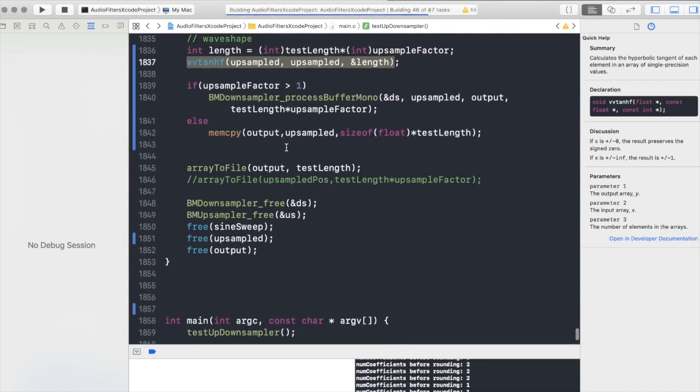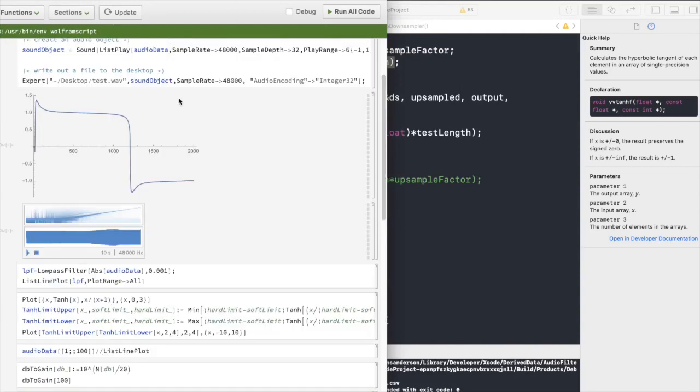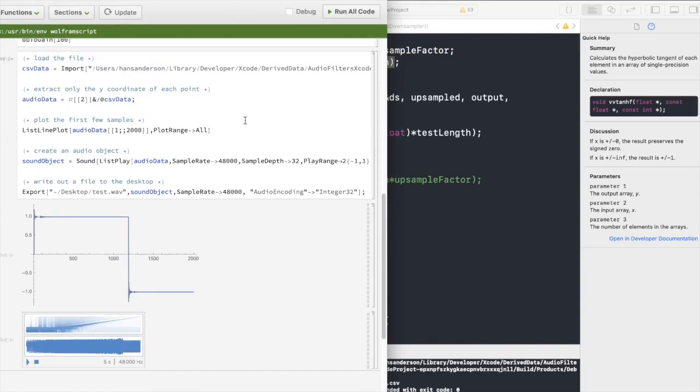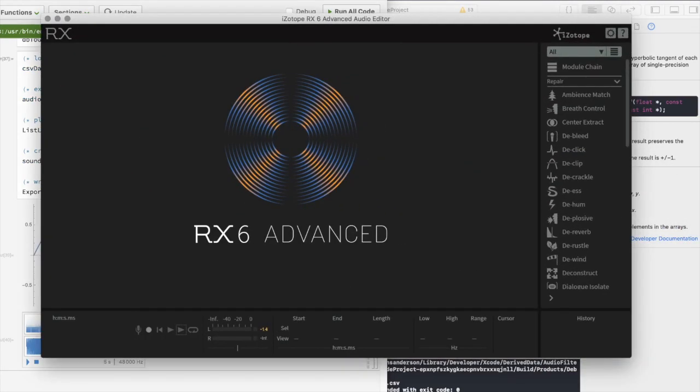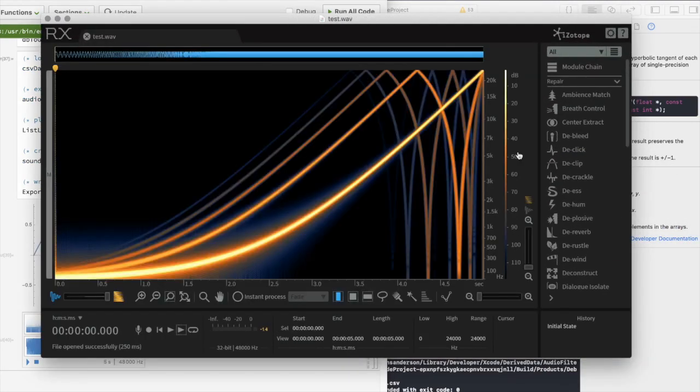I'm going to run this, and it creates a test file which can be exported to wave by running this little script. There we see the first few samples of it, and if I do this, you will be able to see what it looks like in a proper graph.